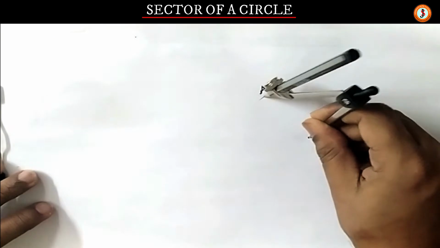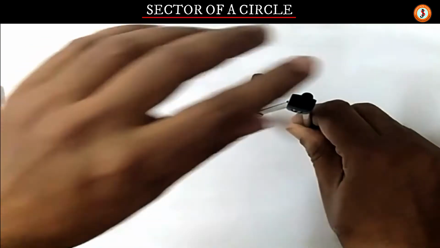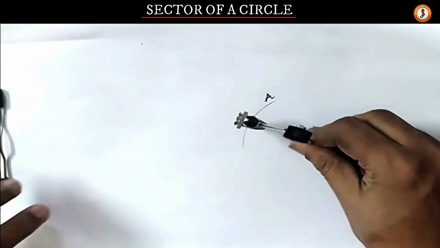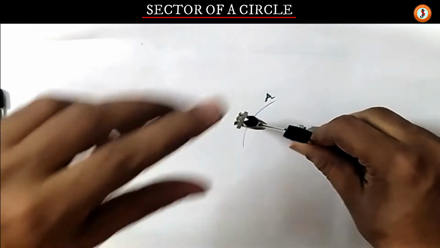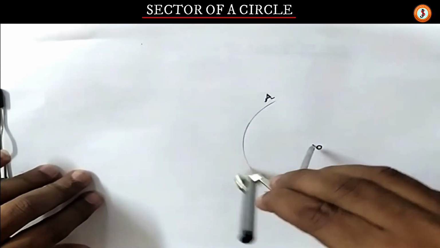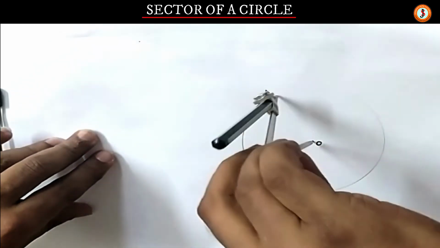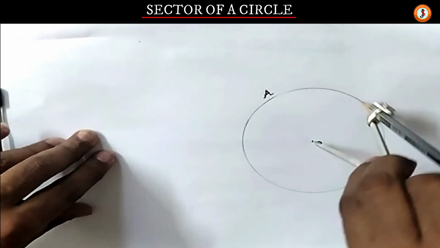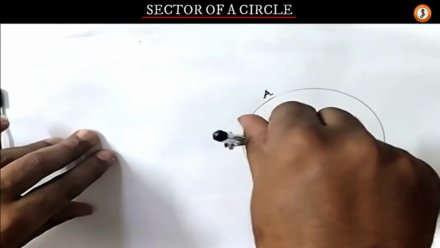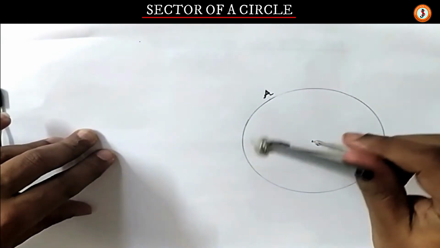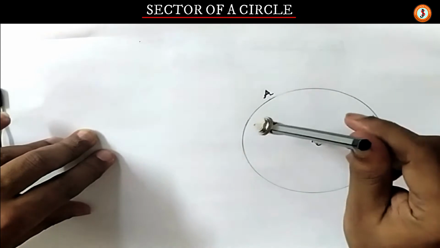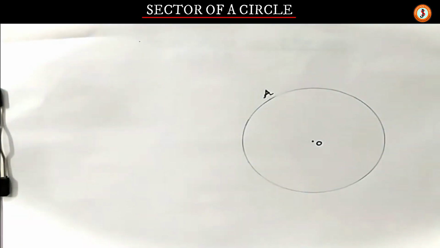When it moves, it covers an area and it also covers a distance. When it comes back one complete round, it covers an area and a distance.